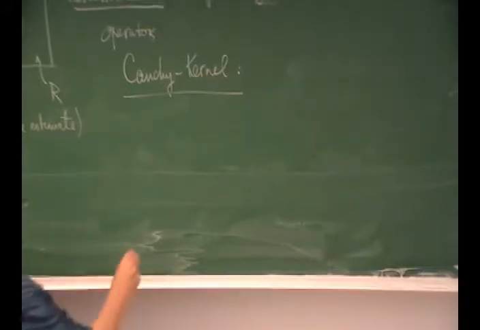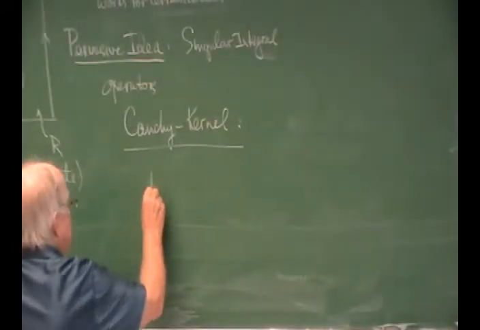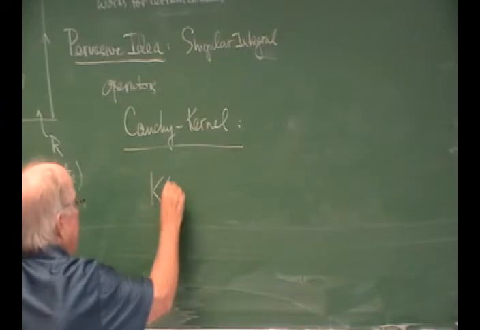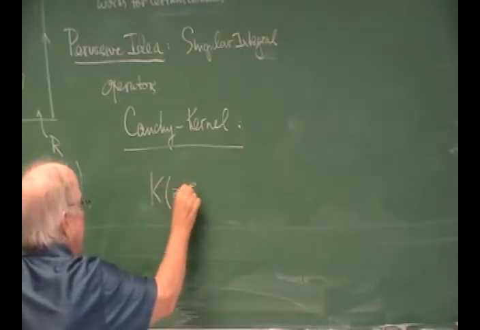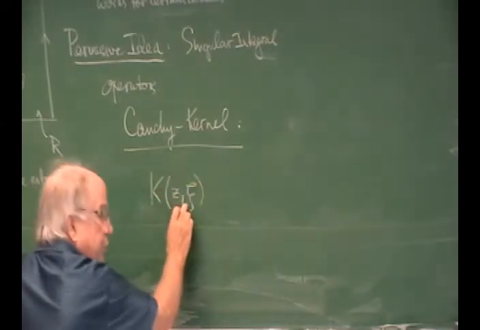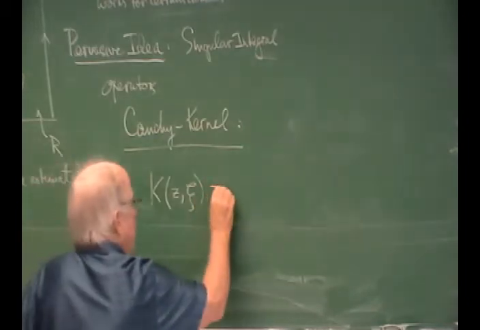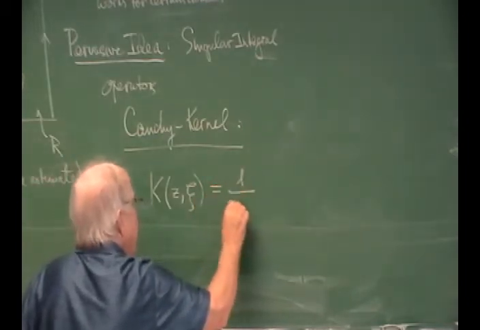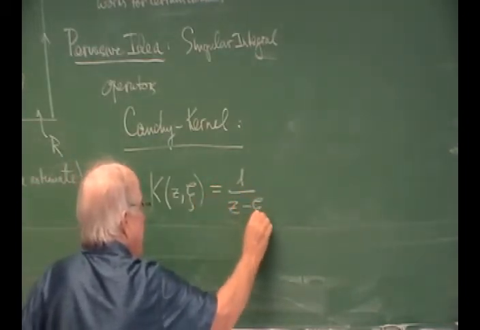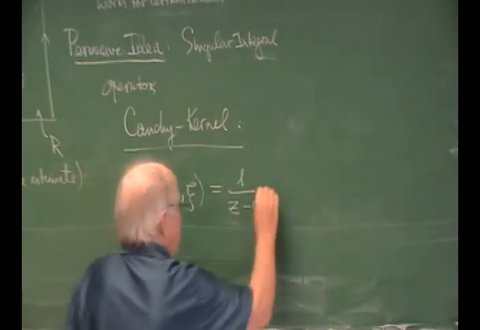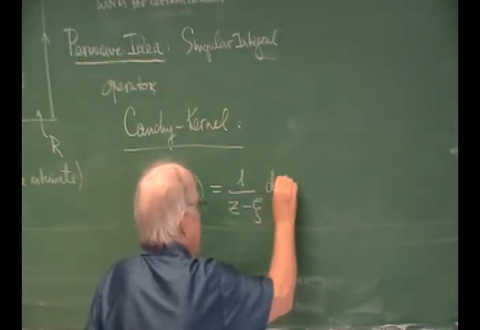The Cauchy kernel is this, k of z and zeta, a function of two variables, equals 1, this is an amazing thing, 1 over z minus zeta, it's a one form, dz.